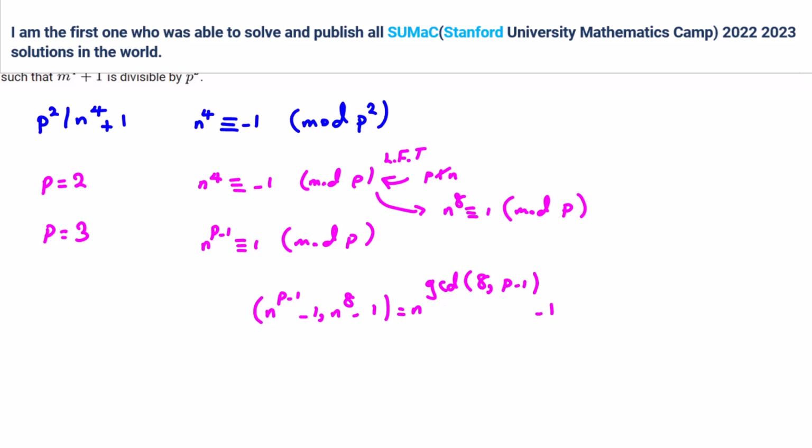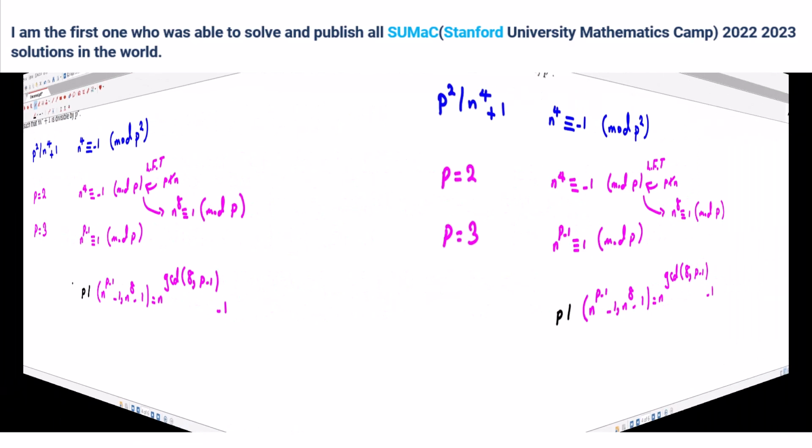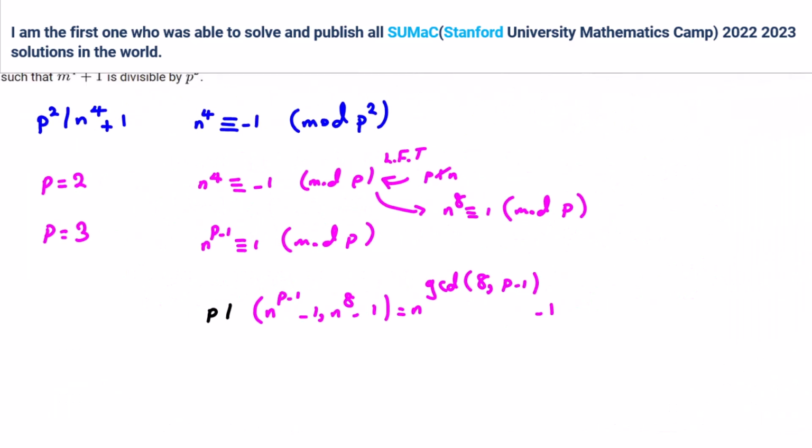Then what? Okay, from here I'm not sure. One hint? I know p has to divide n to the 8 minus 1, but not n to the 4 minus 1. The GCD has to be at least 8.